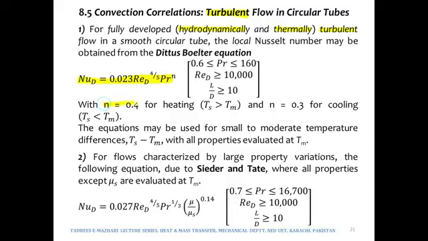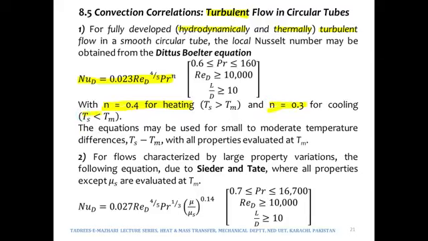For heating means Ts would be greater than Tm. So if the temperature of the surface is greater than the temperature of the fluid, the fluid would be getting heated up, and in this case n would be taken as 0.4, and n is taken as 0.3 in the opposite case, for cooling of the fluid.